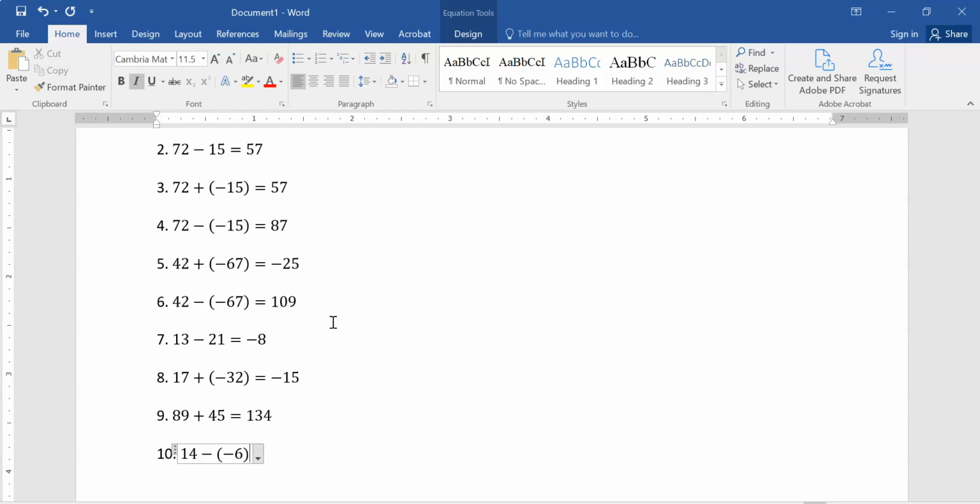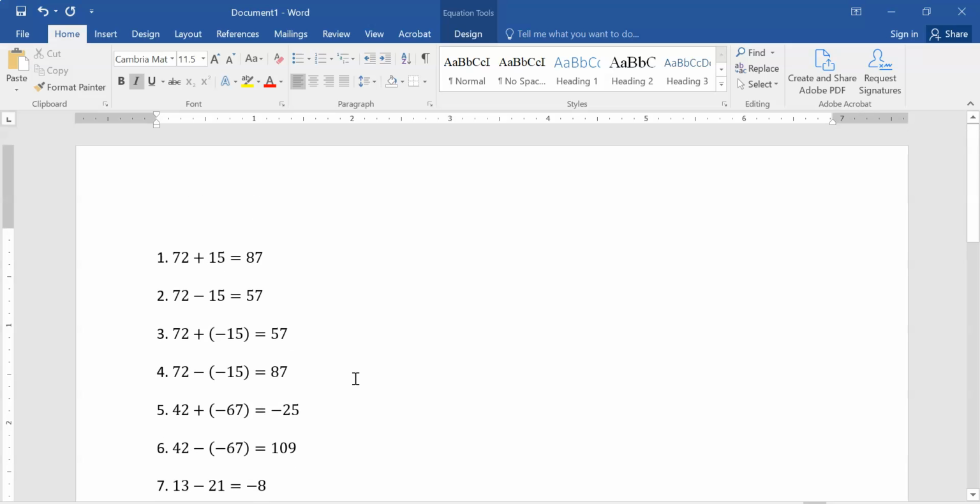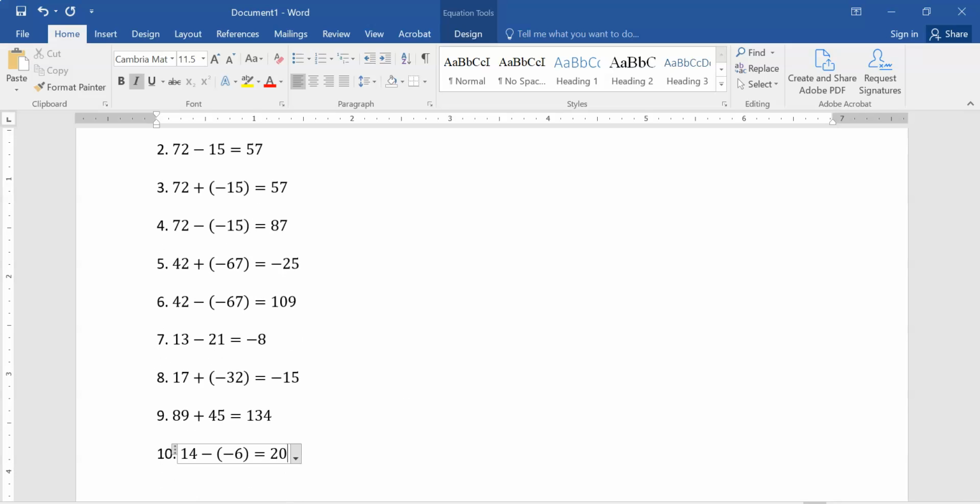And 14 minus negative 6 is 20. So that's hopefully what you got on those cooperative group problems.